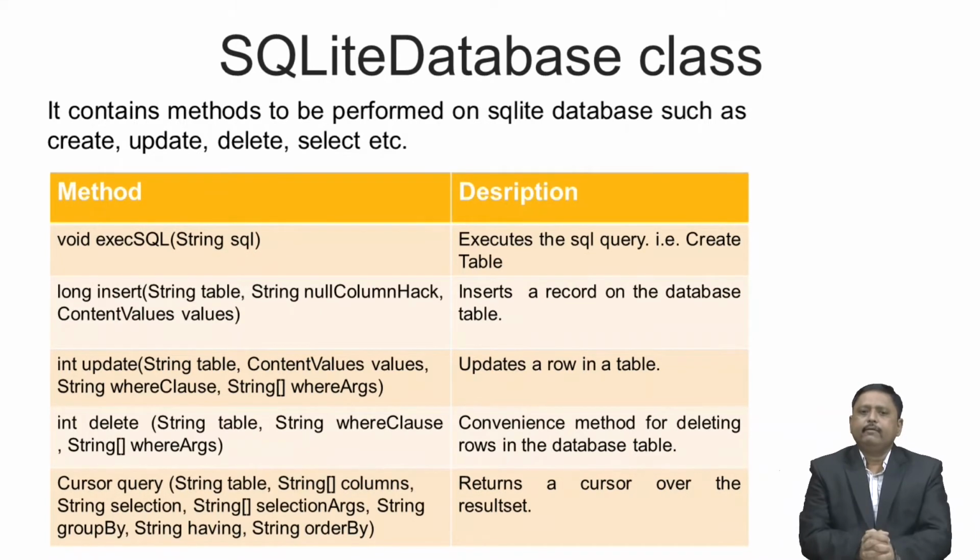You can see various methods with their descriptions on screen provided by the SQLiteDatabase class. So, the very first method is execSQL, and it takes one argument which is of type string, and it specifies the query to be executed.